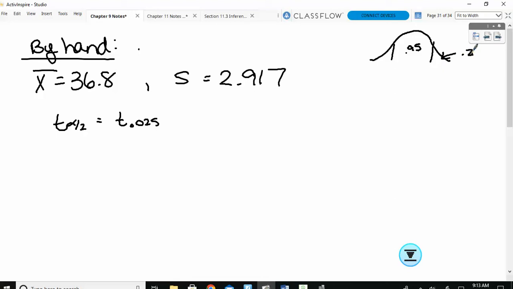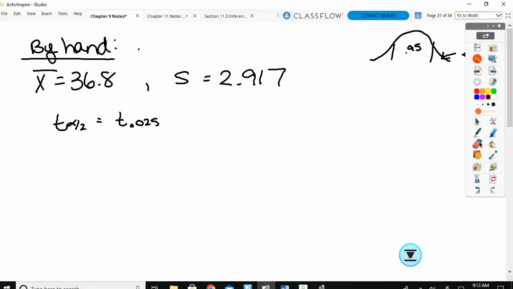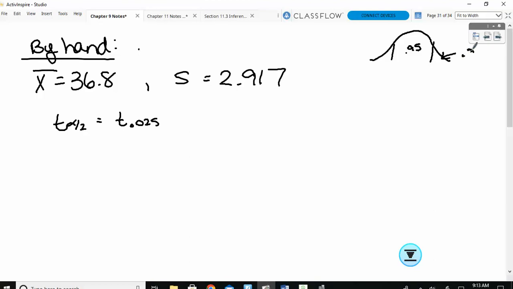Each end would be 2.5%. Okay. So my degrees of freedom, how many sample points did we have? 16. It's n minus 1, so it would be 15 degrees of freedom.